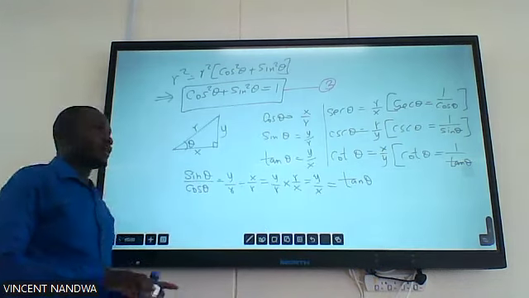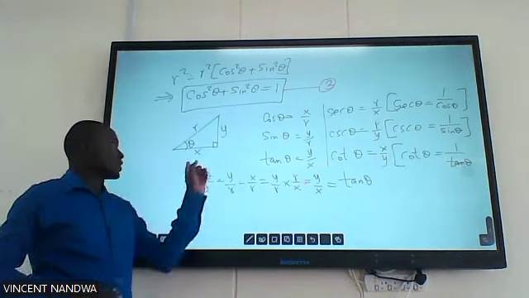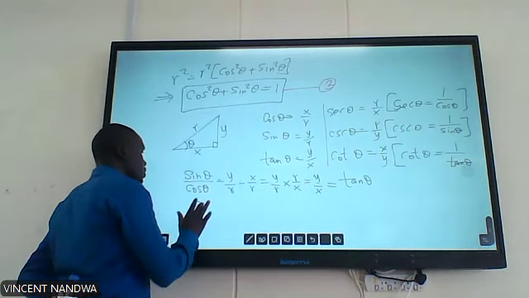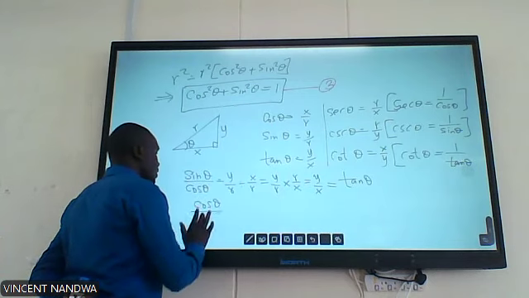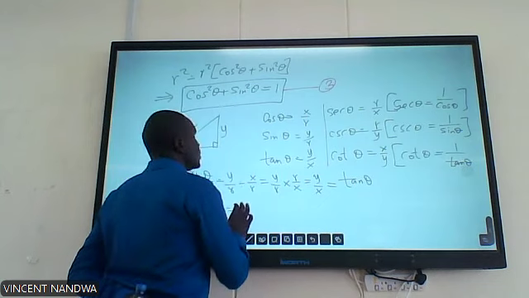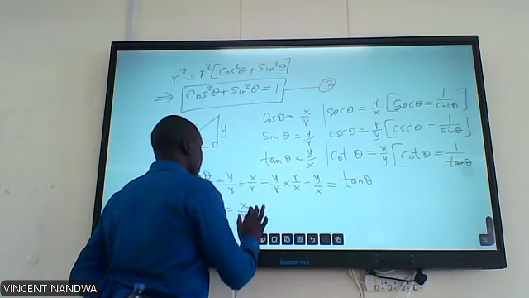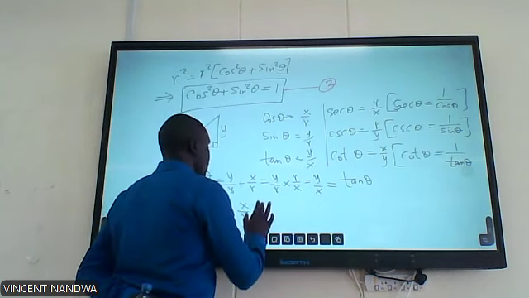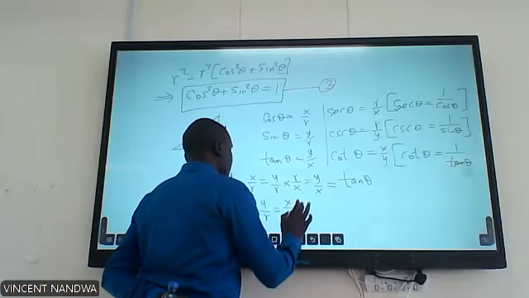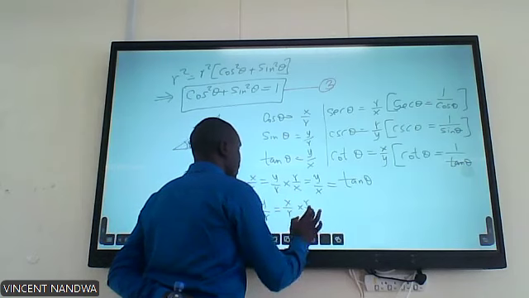So then, tan is the same as sine over cos. And if you do the other way around, cos over sine, we'll have cos is x over r divided by sine is y over r, which is x over r times r over y.